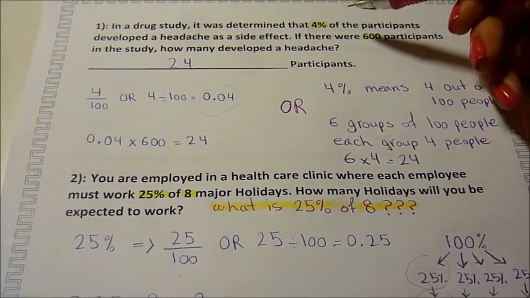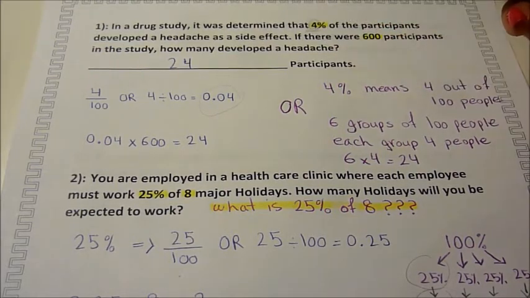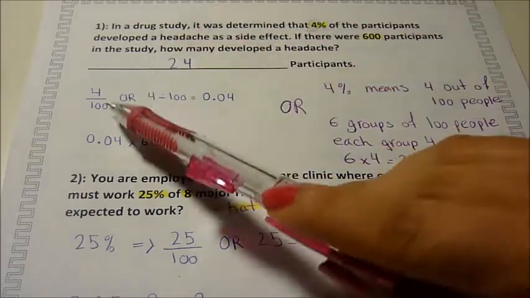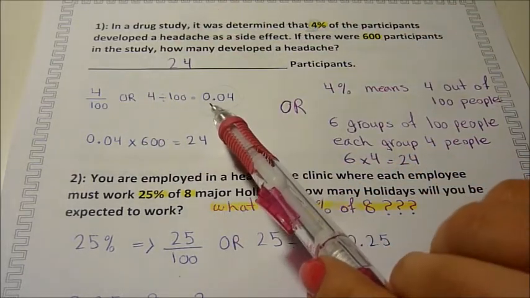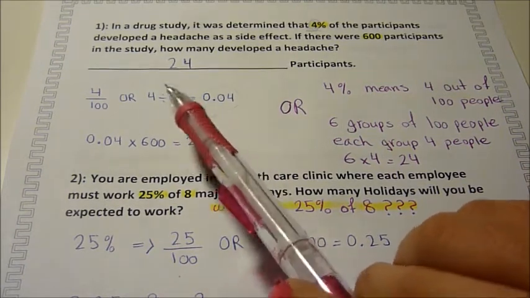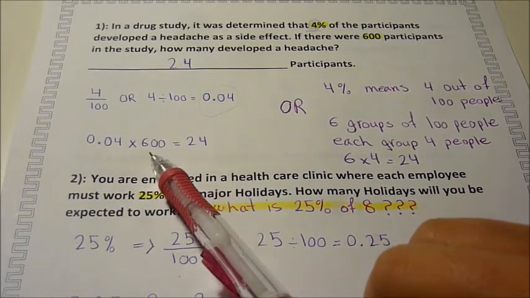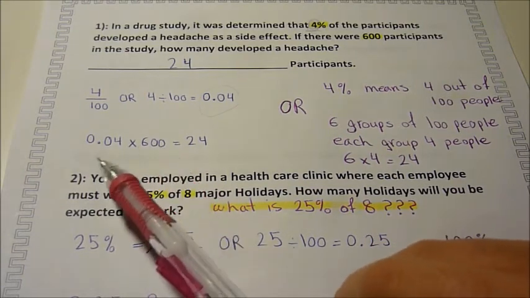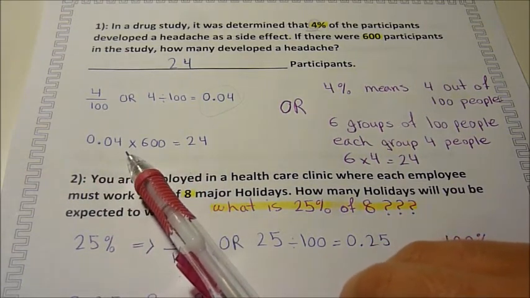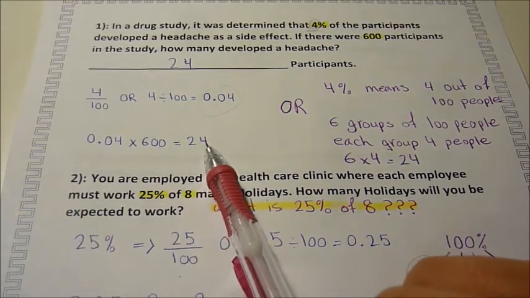You take the number and divide it by 100. 4 divided by 100 gives you 0.04. Then you multiply that number by the number of people who participated in this study, which is 600. 0.04 multiplied by 600 will give you 24.